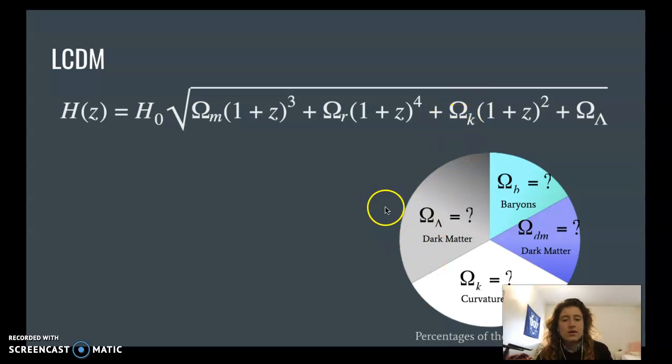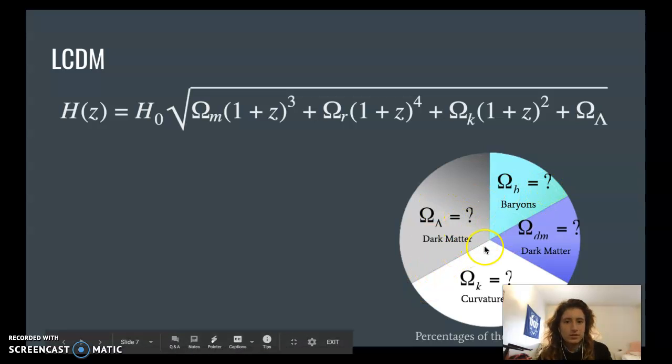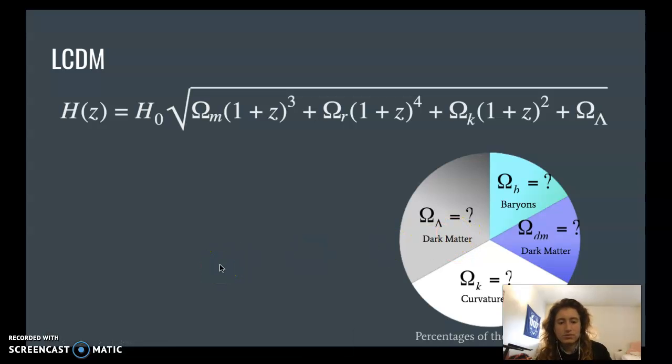These omegas here are representative of the fractional density of different components of the universe. We have curvature, we have dark matter, baryons, and dark energy, all which together create the universe.